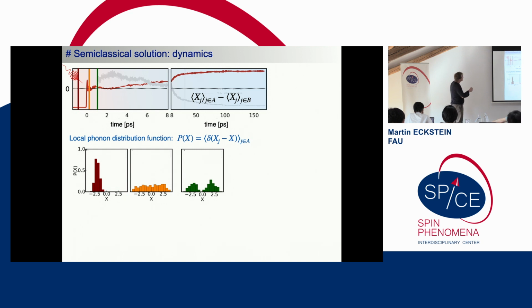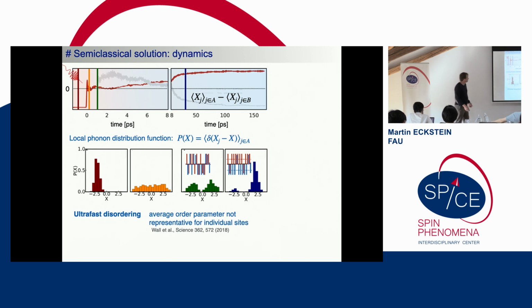But then the point is, if you come to this point here, where the mean order has not been restored, you see a bimodal distribution. So basically they already know where they want to go, but they are randomly displaced. And then as the dynamics goes on, they sort out. So if I make a cut, on the A and B sublattice the sites are randomly displaced, and then they sort out.